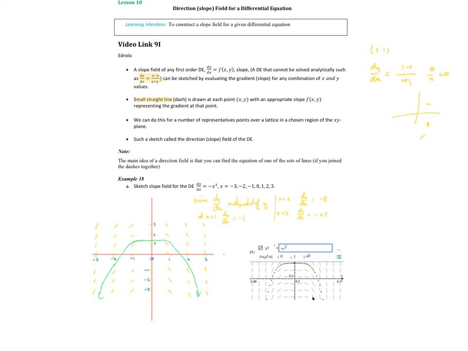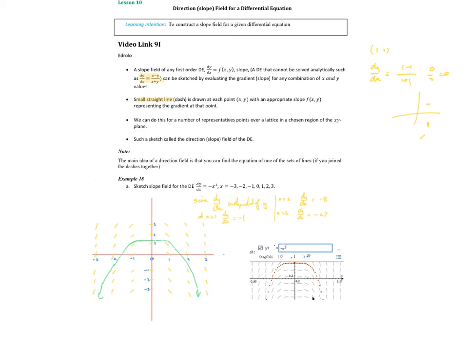So if I substitute values in, for example, if I put x equal to 0 into this DE for any y value, I'm going to get a horizontal line, which is why I've done a horizontal line all the way through there, because at x equal to 0, y equal to anything, I get a derivative value of 0.